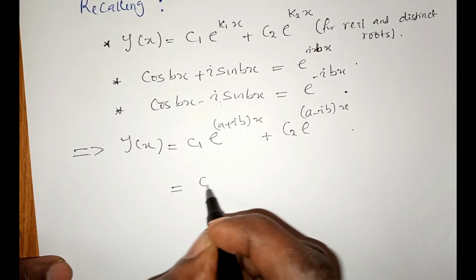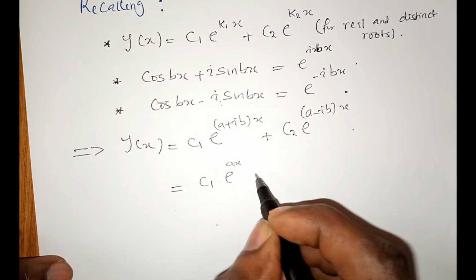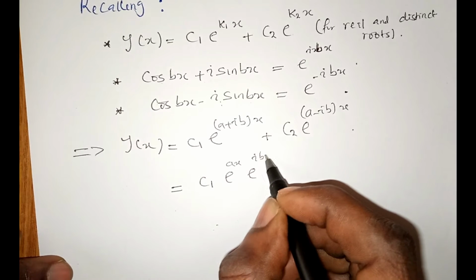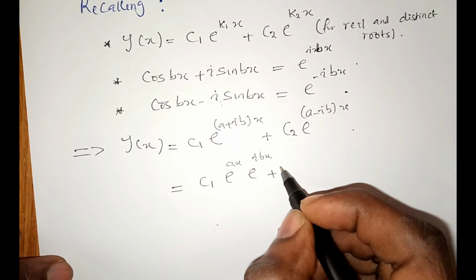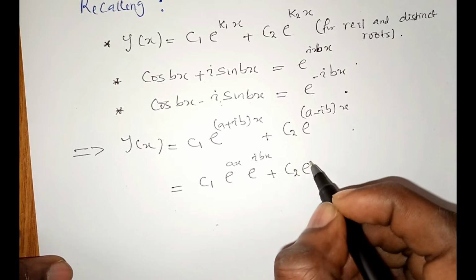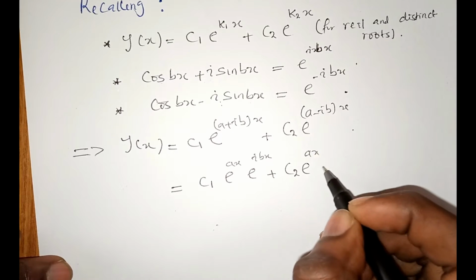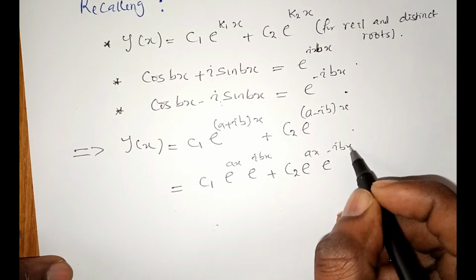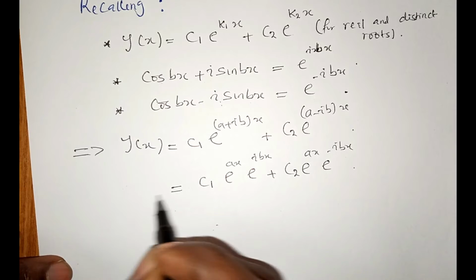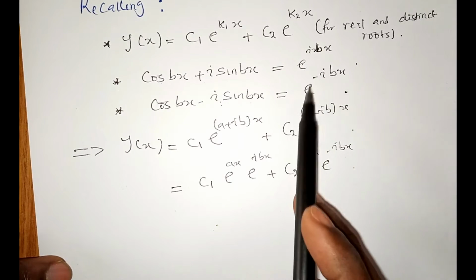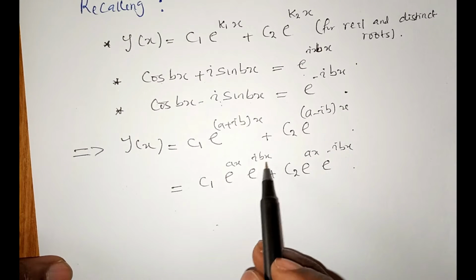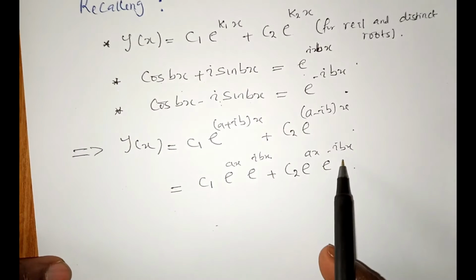And then by the virtue of indices, we can separate the exponential as the product of the two, exponential ax exponential minus ibx.